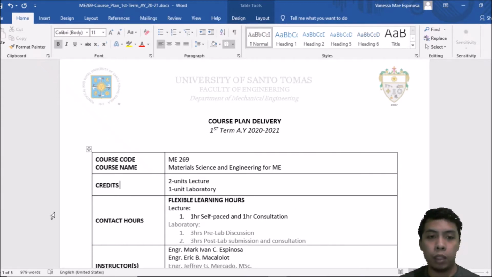In comparison to our ME263 subject, here the laboratory is included in our course plan delivery, because the laboratory grades are combined with the lecture. Later I will discuss our grading system, where lecture and laboratory are together.